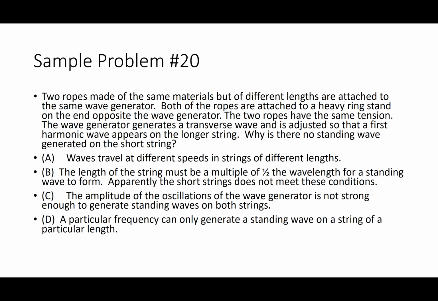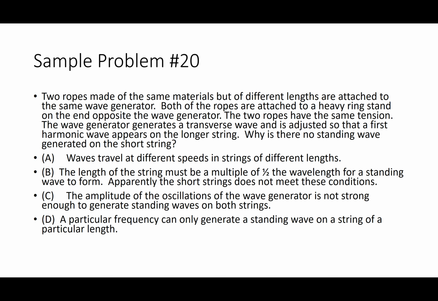All right, so this time we have two ropes made of the same materials, but of different lengths, and they're attached to the same wave generator. Both of the ropes are attached to a heavy ring stand on the end opposite the wave generator. The two ropes have the same tension. The wave generator generates a transverse wave and is adjusted so that a first harmonic wave appears on the longer string. Why is there no standing wave generated on the shorter string?